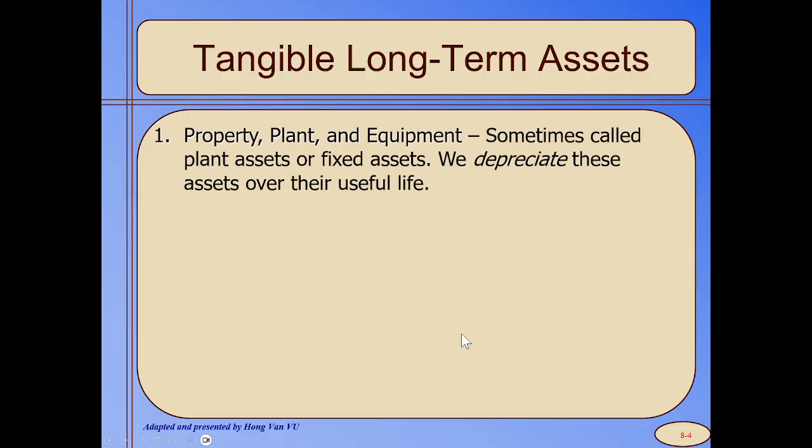Property, plant, and equipment is sometimes called fixed assets or plant assets. Once we acquire a fixed asset, we depreciate its cost over its estimated useful life.